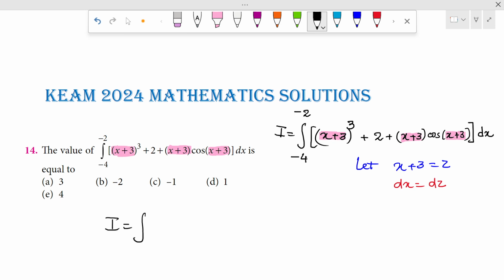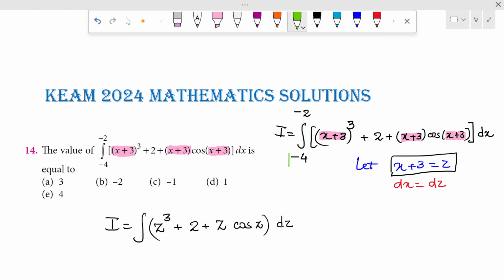In place of x plus 3, I can write z. So z cube plus 2 plus x plus 3 is z, and cos of x plus 3 is cos of z. dx means dz.